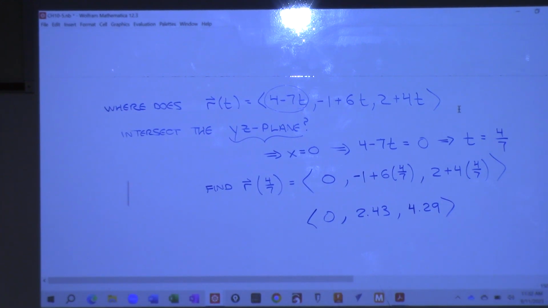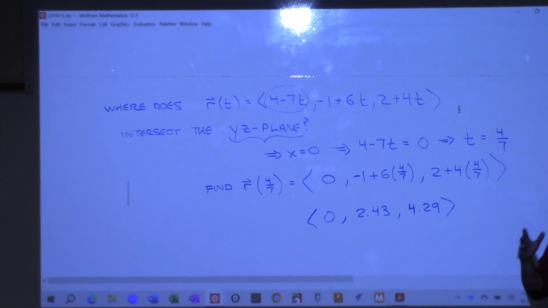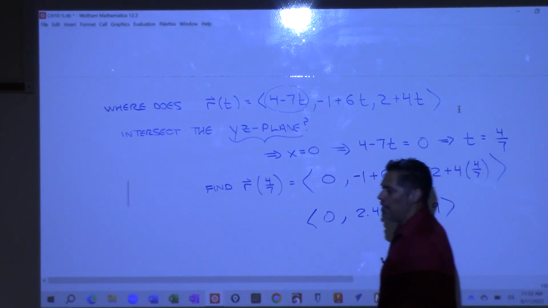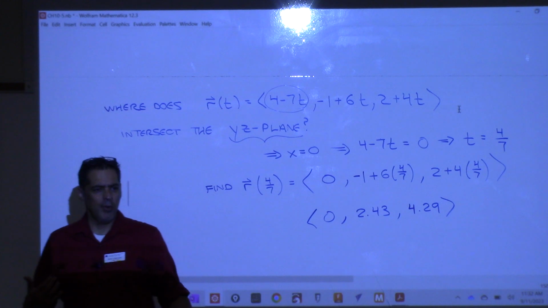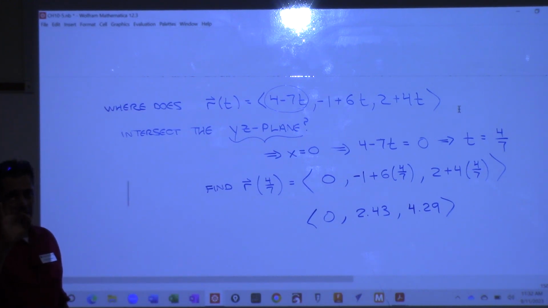Yes? Would the final answer be like those normal round brackets? No. So this is the vector, right? If we wanted to know where it hits, we would write it as a point. Is that what you're asking me? Yeah, but is that not what it's asking? Where it hits. So if I say it hits at a vector, a vector can move around. So I want to actually know the x, y, and z coordinate of this point where it hits.